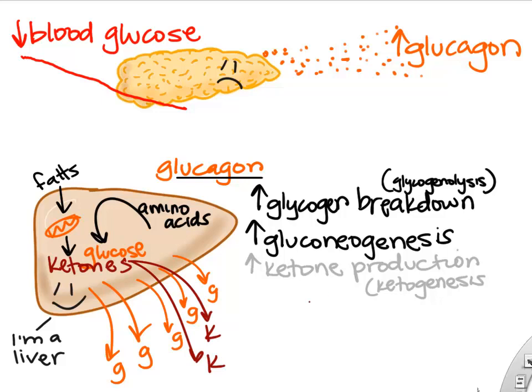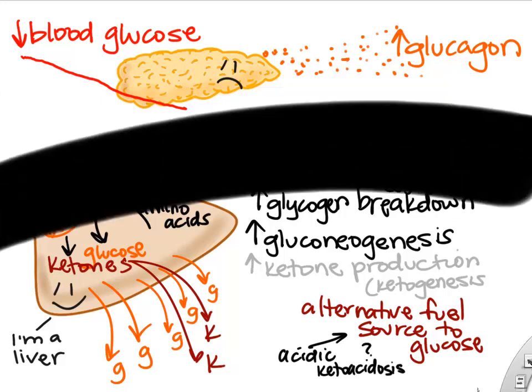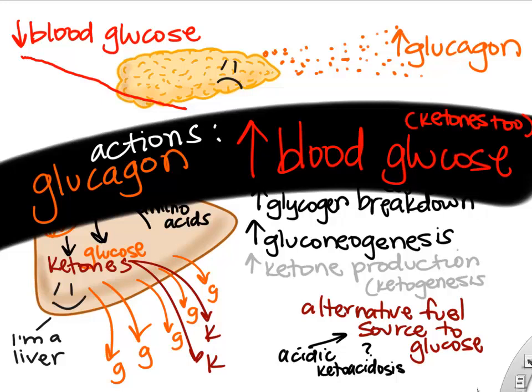So instead of using glucose, we can actually have our cells use ketones. The problem with ketones is that they're acidic and they donate a hydrogen ion, so they can sometimes mess up the pH of your body, called ketoacidosis. But the actions of glucagon were to increase our blood glucose and even increase our blood ketones, all to keep our cells happy.